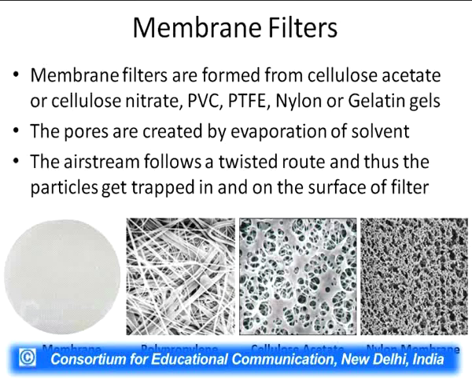On the left-hand side is the picture of the filter which is broadly used, not magnified, while the three pictures on the right-hand side are magnified pictures of membrane filters, of three different types as far as their composition is concerned. They are polypropylene, cellulose acetate, and nylon membrane.